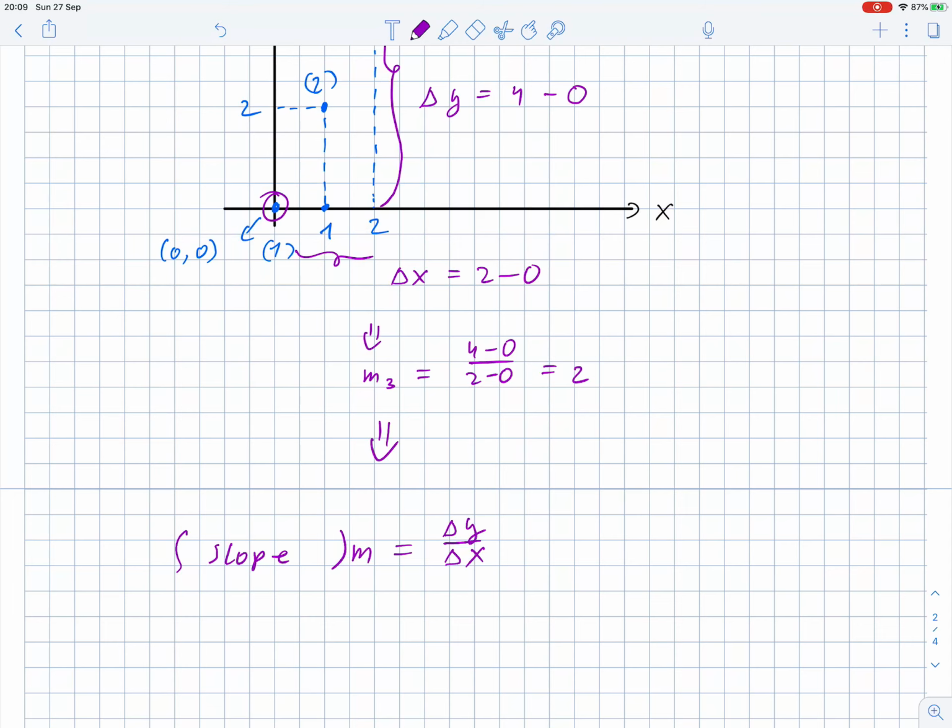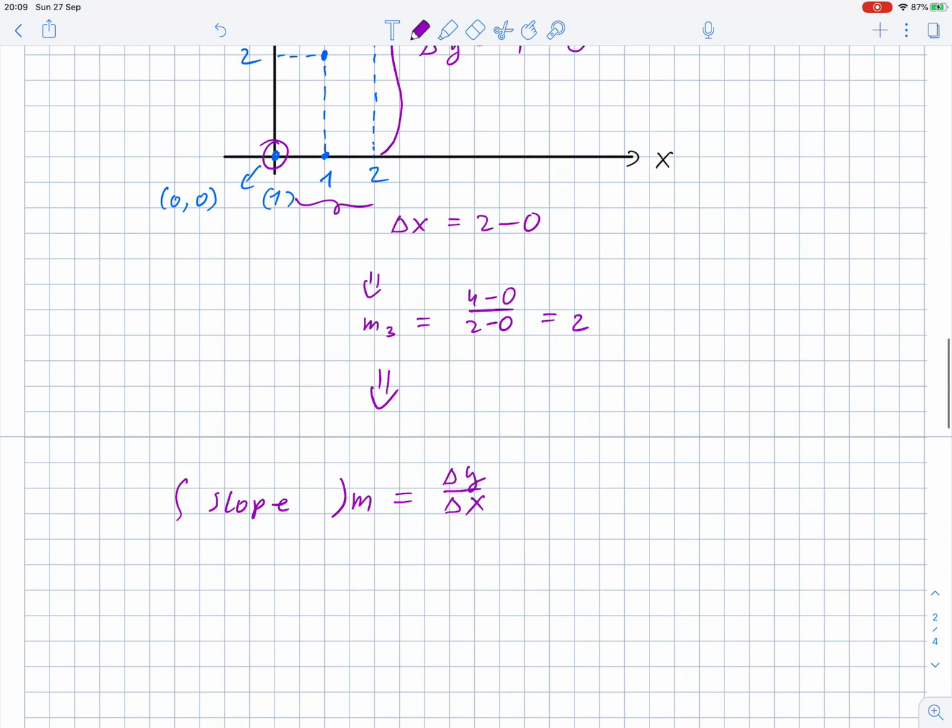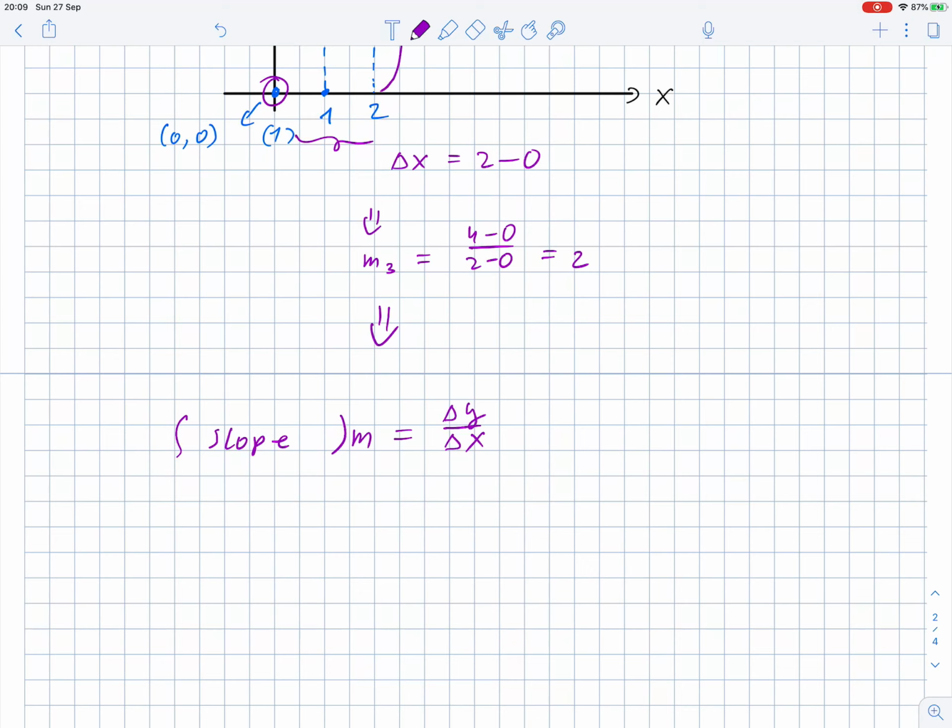This is our slope. If you remember, in our first video we got this expression y equals 2 times x. This number 2 was your magic, something that you could do to the first group that was independent, to create the second group y, which was dependent on group x.